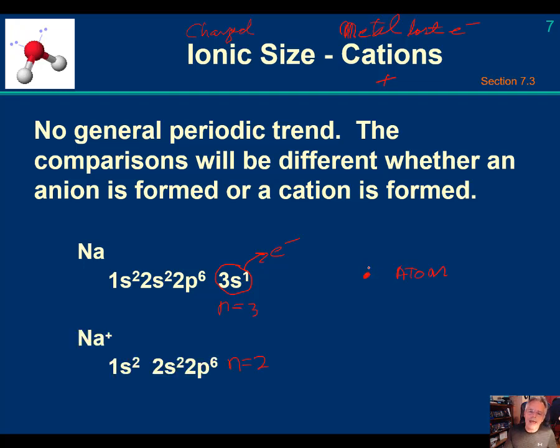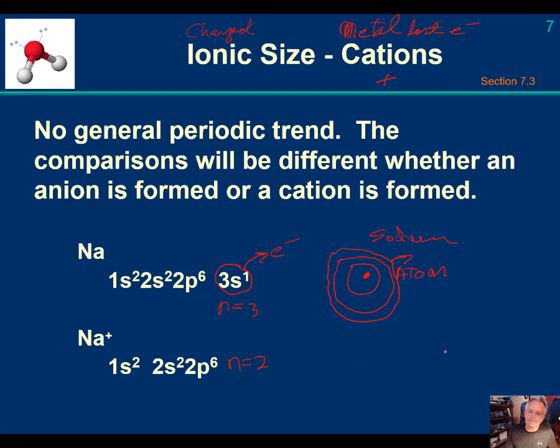For the atom, there's the nucleus, n equals 1, n equals 2, and way out here n equals 3. That's the valence shell for a sodium atom. When it oxidizes, it's going to lose that entire valence shell.